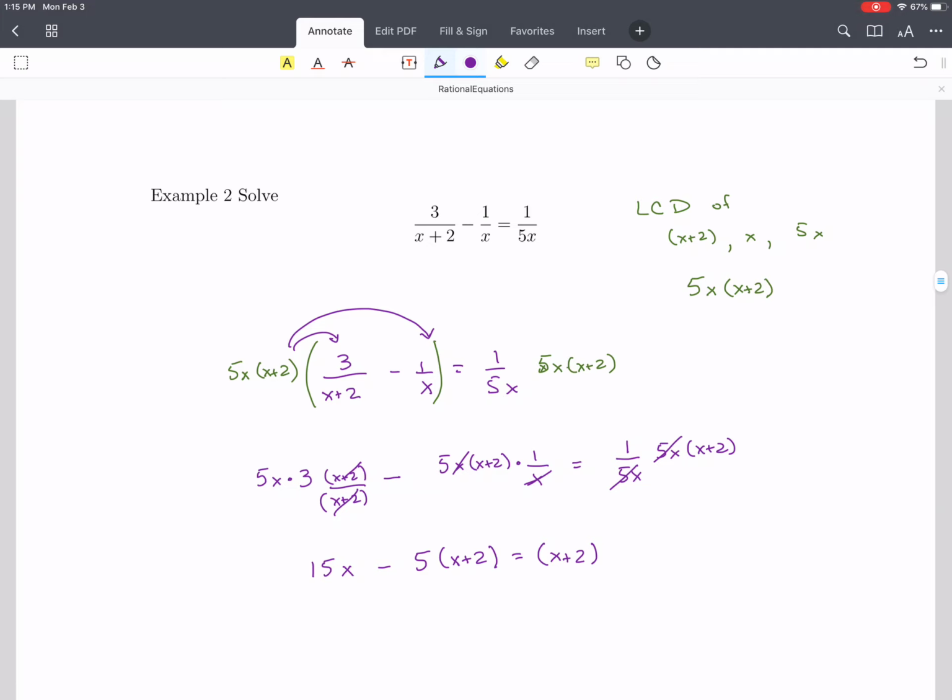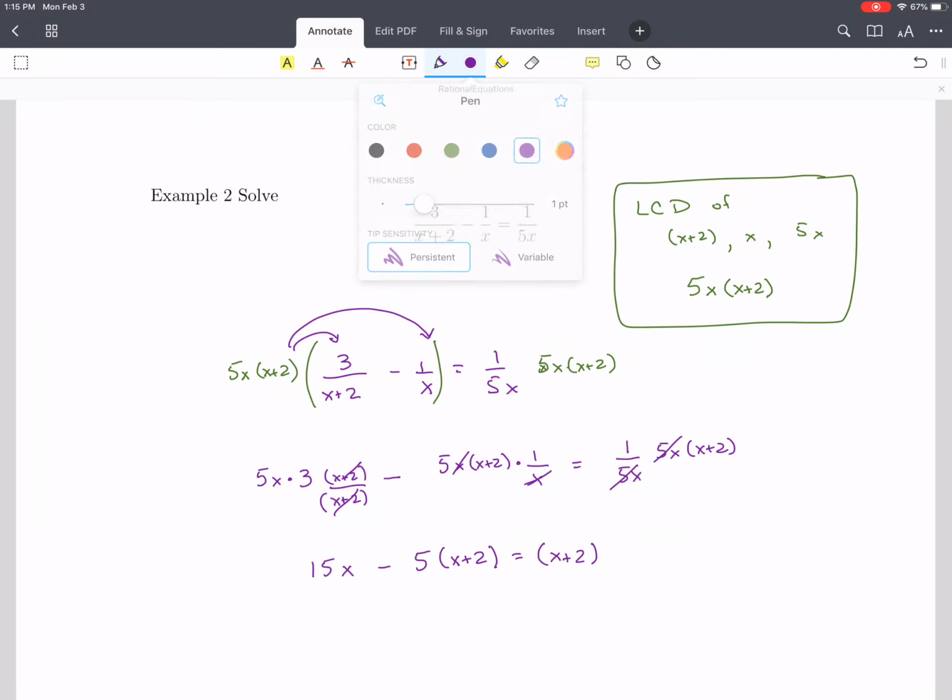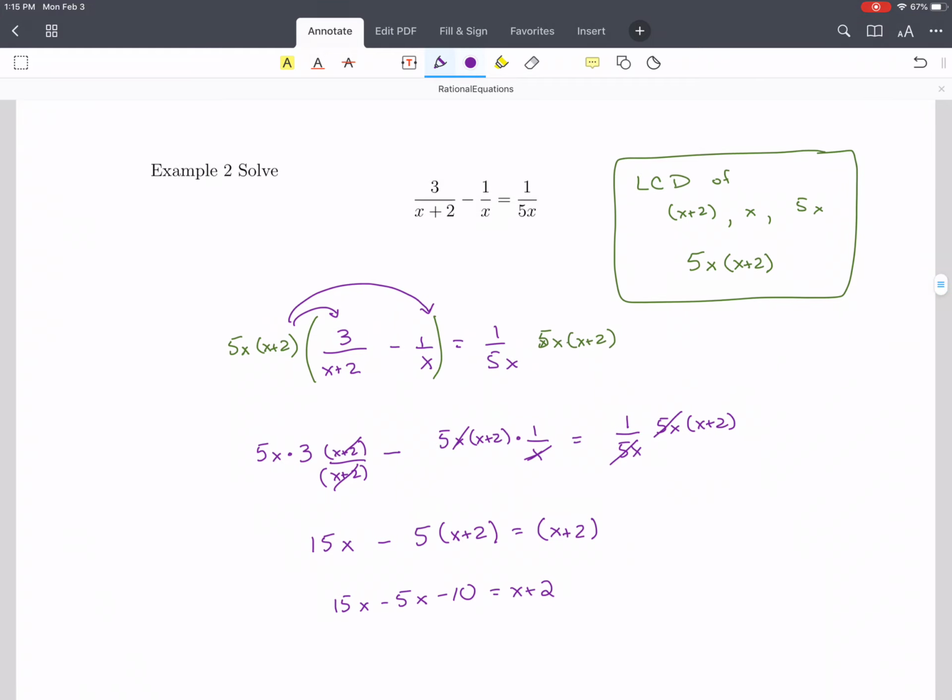And so you can see how using the LCD has cleared the fractions, essentially. That's how we talk about it. Cleared the fractions on my equation, and now I can just solve the equation like I'm used to, and I don't have such complex terms going on. So I can distribute my 5. 15x minus 5x is 10x minus 10.